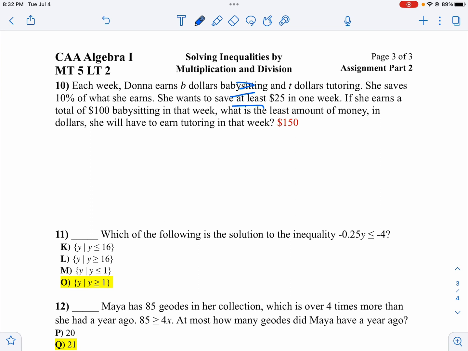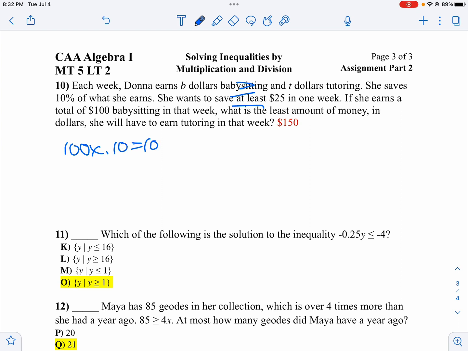So she earns B dollars babysitting and T dollars tutoring. She saves 10% of what she earns. So she wants to save at least $25 in a week. If she earns $100 by babysitting, well, what's 100 times 10%? Because that's what she saves. Well, that would be $10.